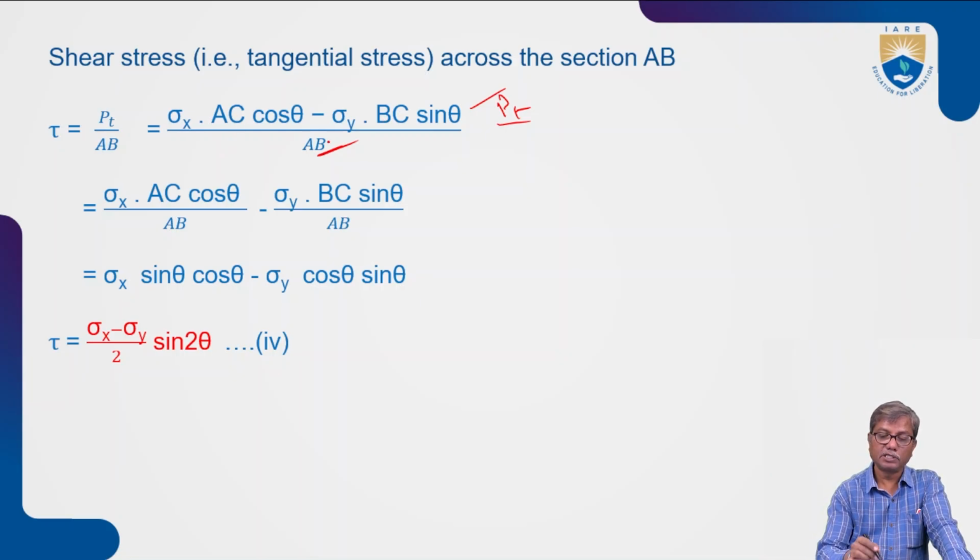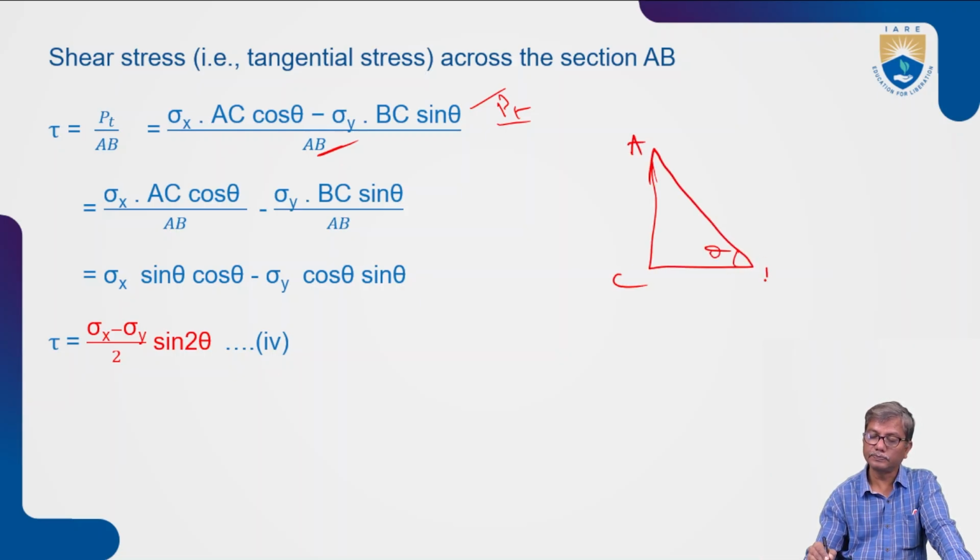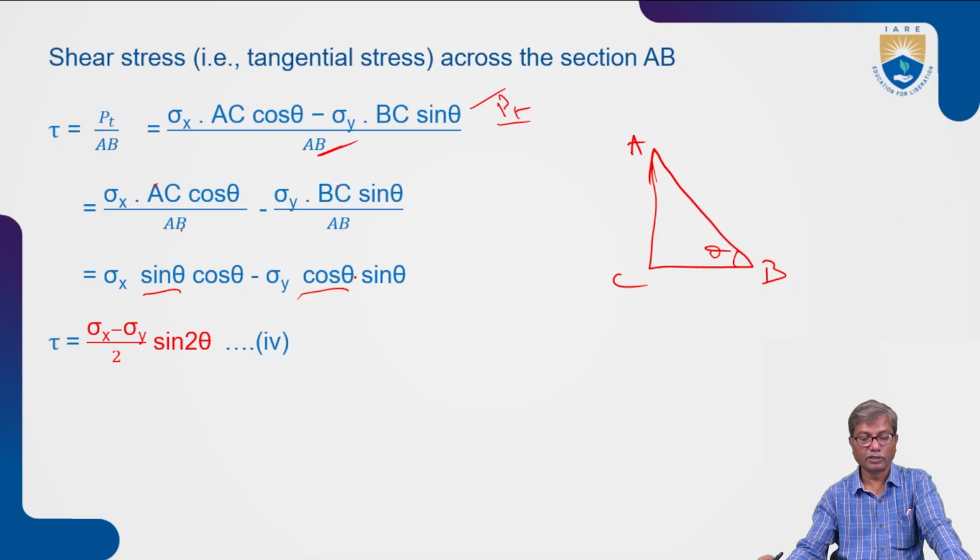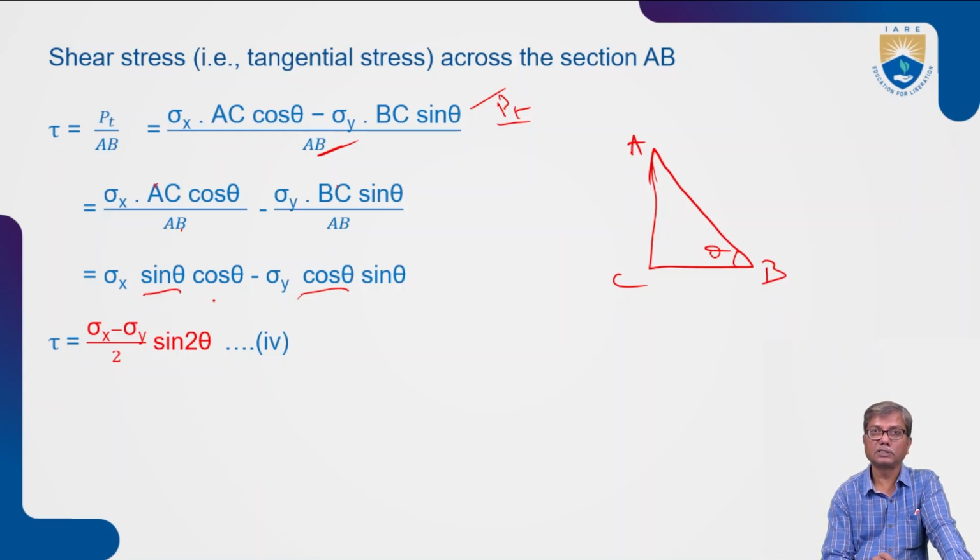Again, what is AC by AB? Sin theta, isn't it? AC by AB is sin theta and BC by AB is cos theta. So sigma x sin theta cos theta minus sigma y sin theta cos theta. So you can also write this as sigma x minus sigma y into sin theta cos theta, which is sin 2 theta by 2.